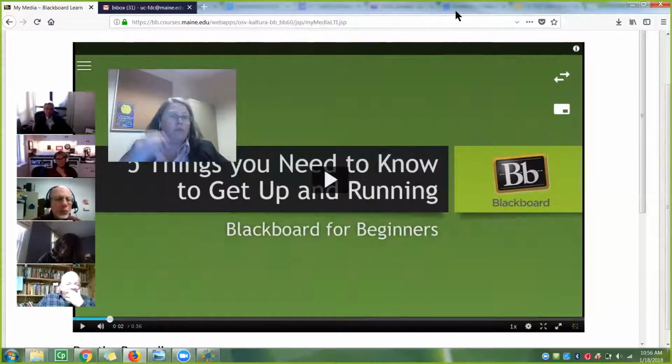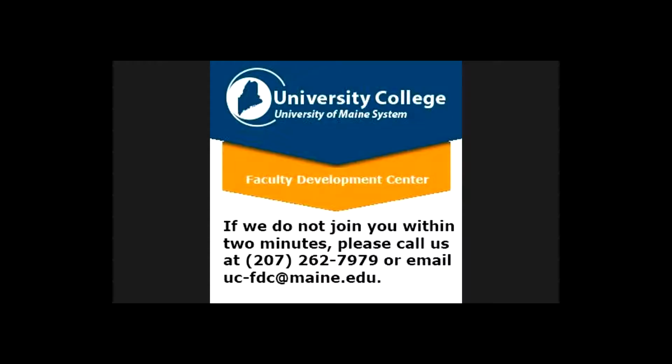Okay, so I just went through a whole bunch of technical steps. So I just want to quickly recap and give you your assignment. So what I did was I added the My Media module to my homepage. And then I went into My Media, and I used the Add New button to get the Capture Space tool.